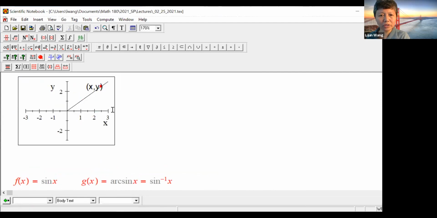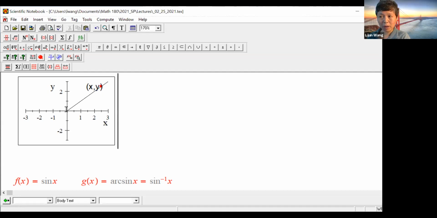The range is a ratio. What kind of ratio is it? It's y over r, right? What is y? This is y and this is r. And y is one leg of a right triangle.